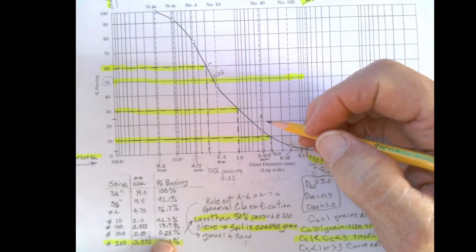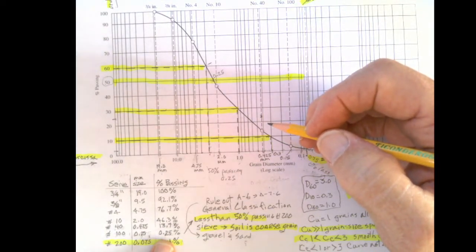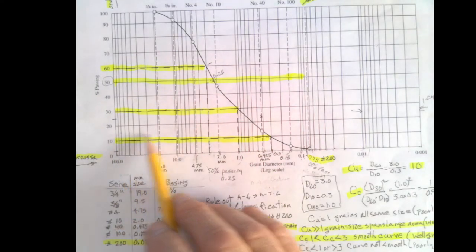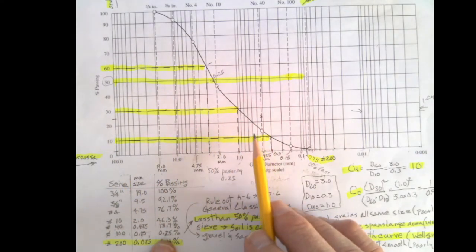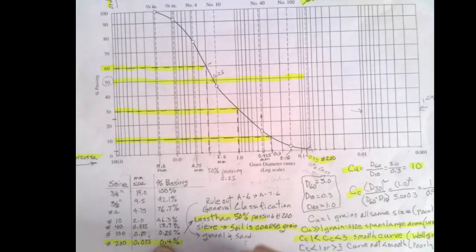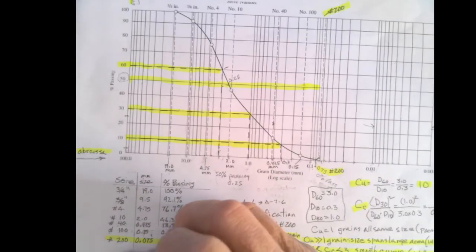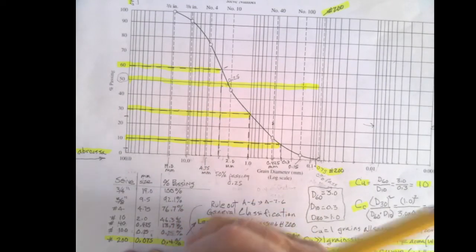I'm thinking that book is off. I think it was 15 and 15 passing here, or 14. Anyway, this is not right. This is not right.